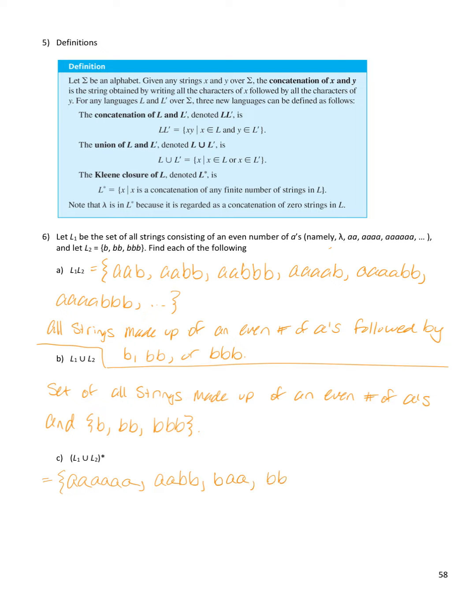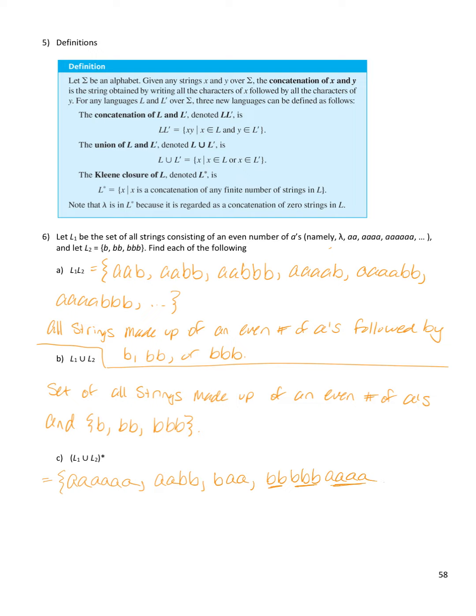I could do BB concatenated with BBB concatenated with A. Each piece is an element from L1 union L2, and I just concatenated them. You can take any finite number of strings from L1 union L2 and glue them together, in any order.